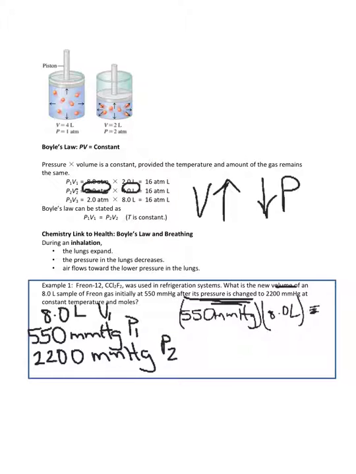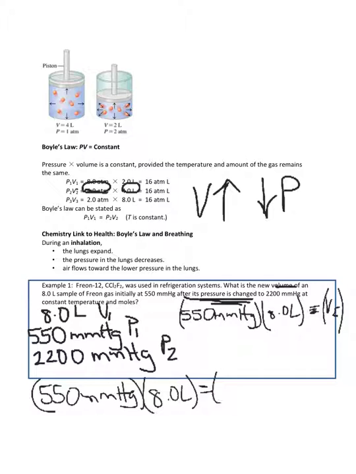I'm running out of room here, so I'm going to rewrite this down here. 550 mmHg times 8 liters equals V2, which we don't know, times P2, which is 2200 millimeters of mercury.